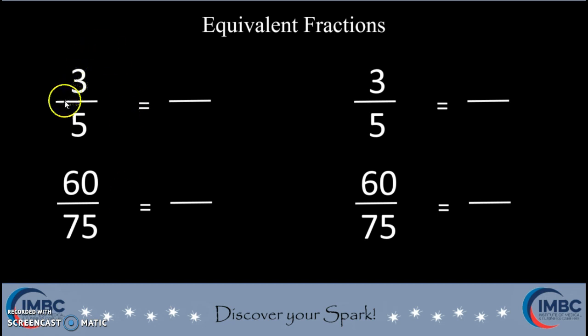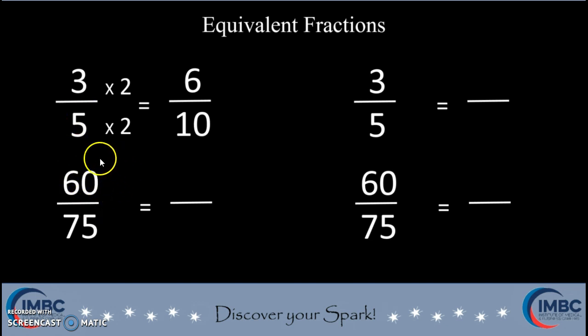Let's take a look at 3/5. Let's start with multiplication. I'm going to multiply the 3 and the 5 by 2. So 3 times 2 is 6. And then doing the same with the denominator, 5 times 2, 10. So 3/5 equals 6/10.